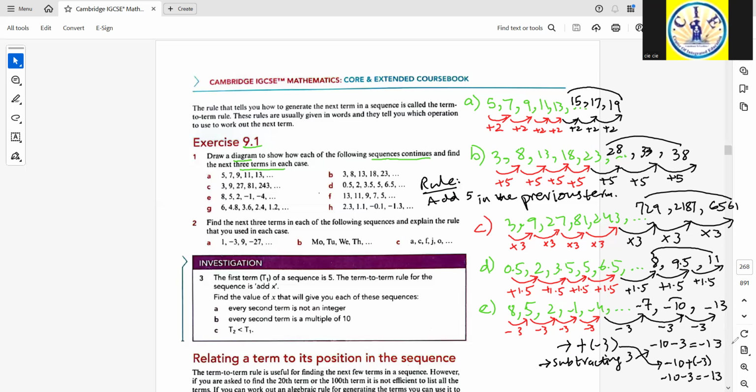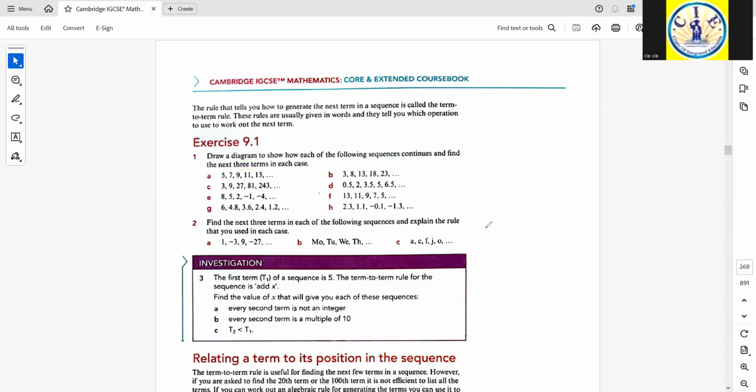So our term to term rule can be said to add negative 3 or to subtract 3. There is a bit of confusion in this, which I've tried my best to clarify. I hope it would be clear.